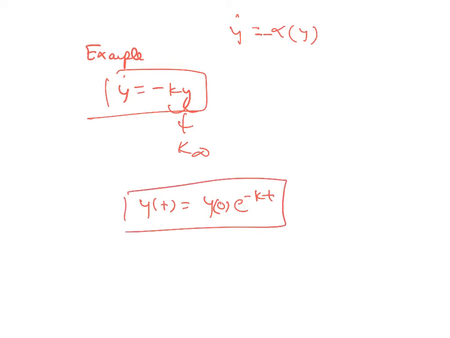It's the same as x dot equals ax; if a is minus k, then e to the power at is e to the power minus kt.